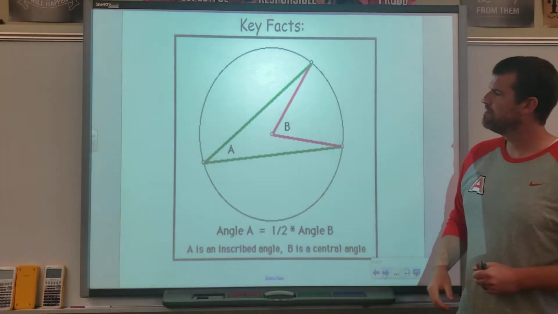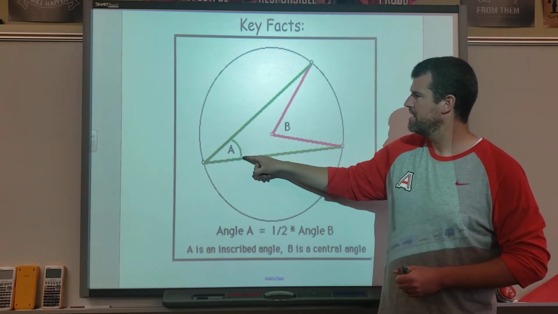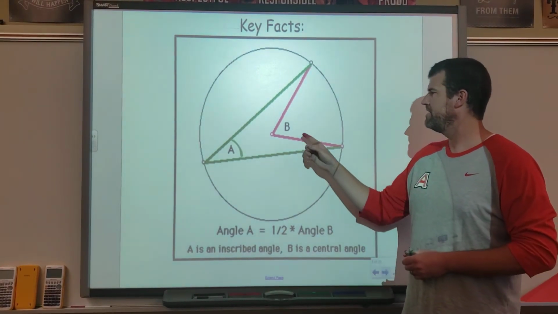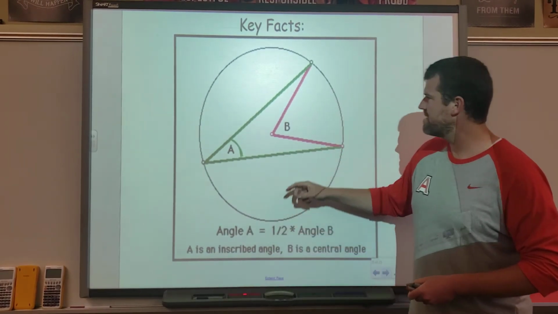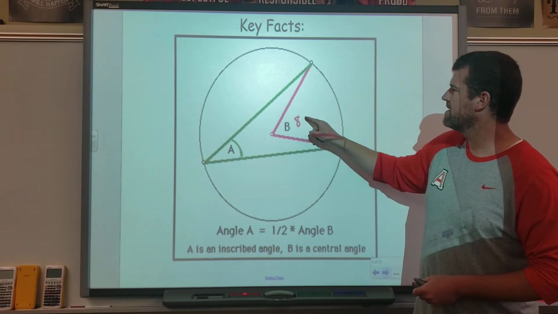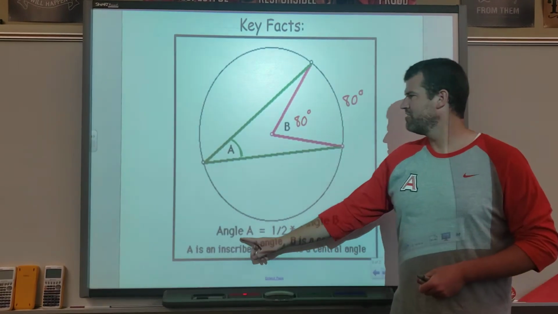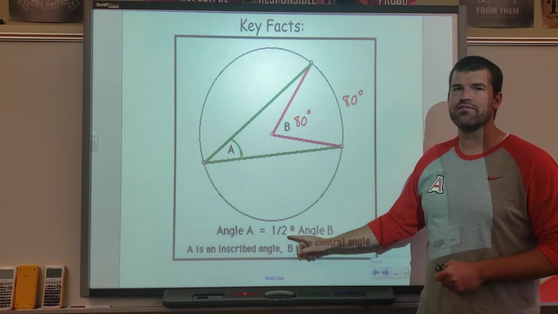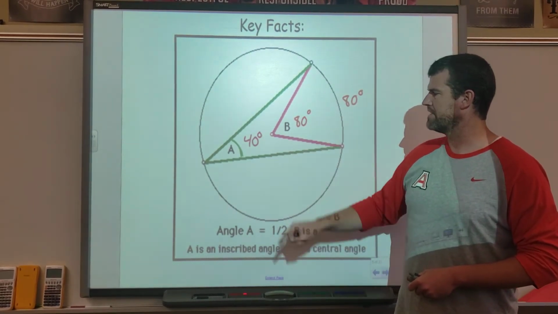So again, if we have this angle here, it will be half of angle B, or half of the arc. If this angle is 80 degrees, that means the arc is 80 degrees, but angle A is only half of that. So half of 80 would be 40 degrees.